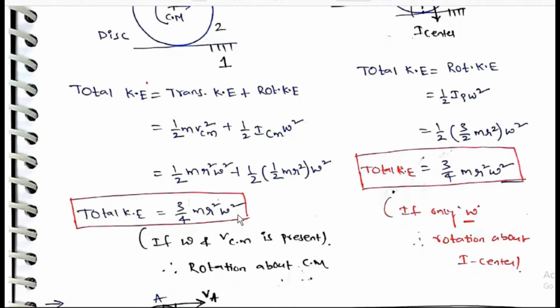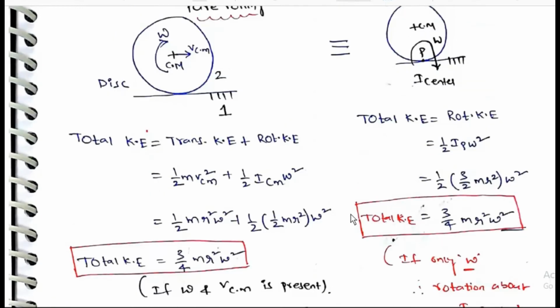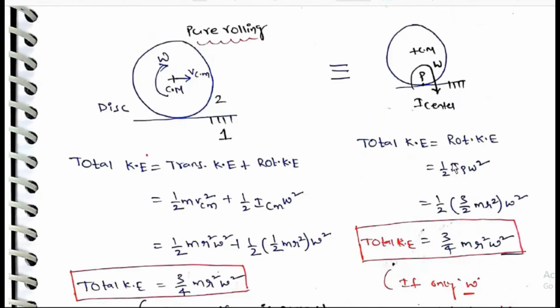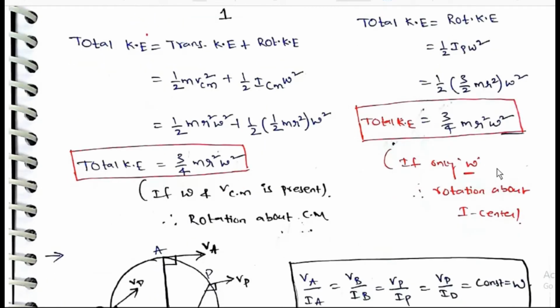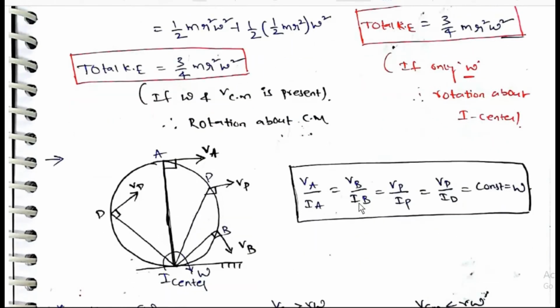If omega and VCM are present, rotation about the center of mass. Total kinetic energy is equal to rotational kinetic energy, half of IP omega squared about the point P. Total kinetic energy is equal to 3 by 4 m r squared omega squared. If only omega, rotation about the I center.